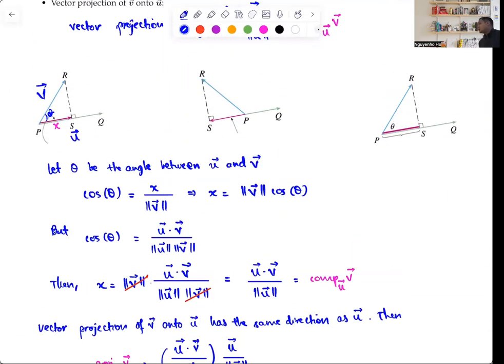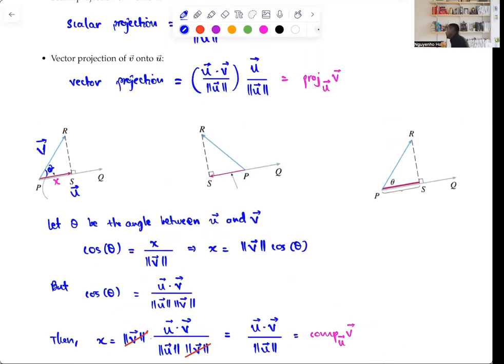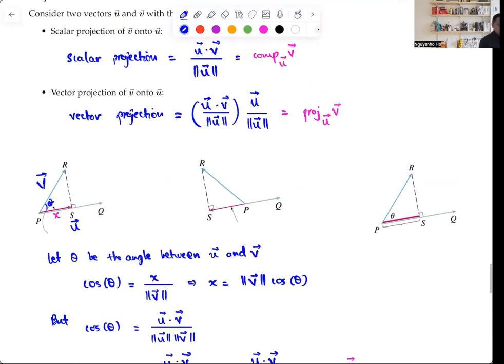Okay. So you have different situations. One situation for the vector projection is u and v pointing in the right direction. On the second graph, you have u and v pointing in the left direction. It means the same thing because you just want to find the projection of v onto u.